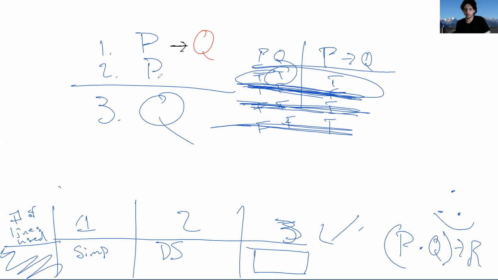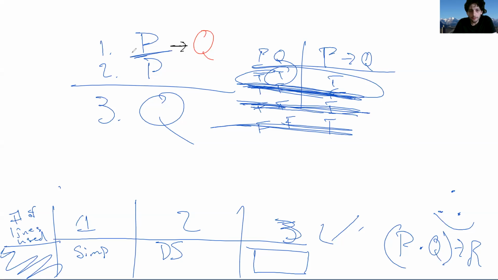Right? And that's exactly the reason why we even incorporate this symbol, for this rule: it's one of the most intuitive, if not the most intuitive, inferences we want to make.